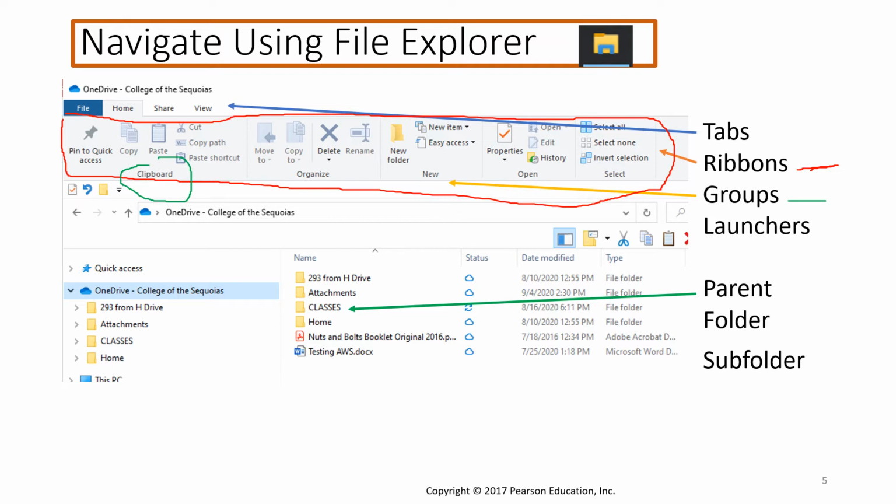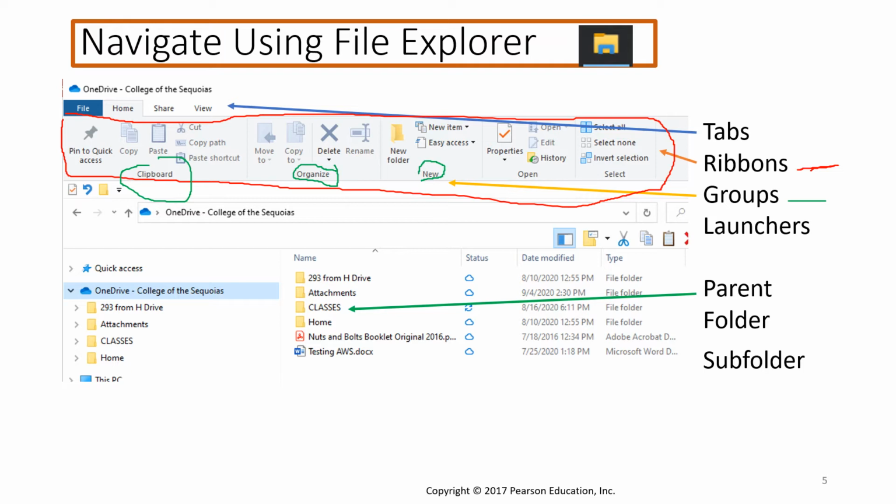So this information falls under the clipboard category, organized category, new category. So these are groups within the ribbon. Some groups will have launchers, these do not, but when we get into Word, we'll learn launchers.